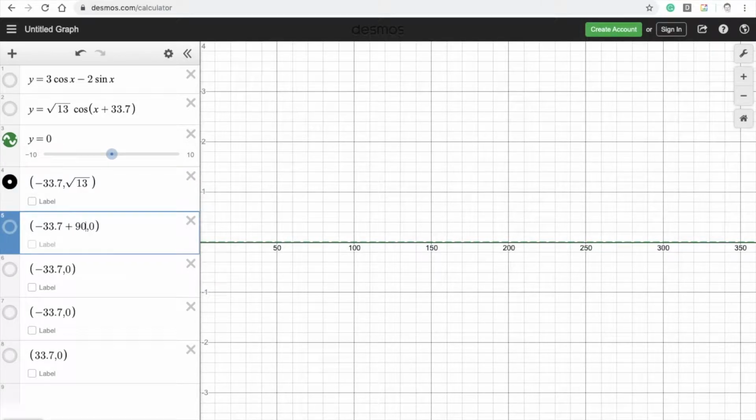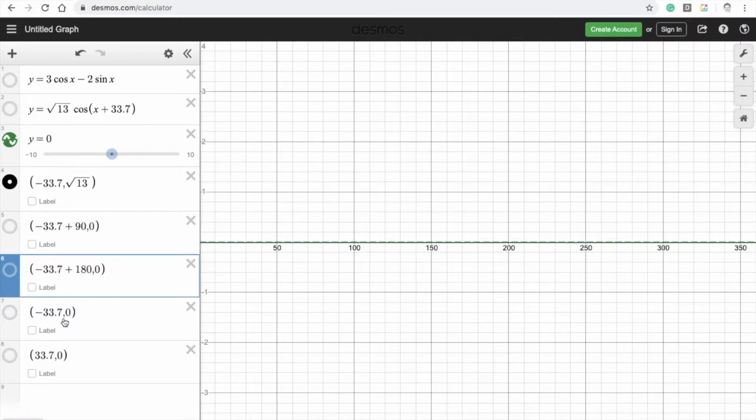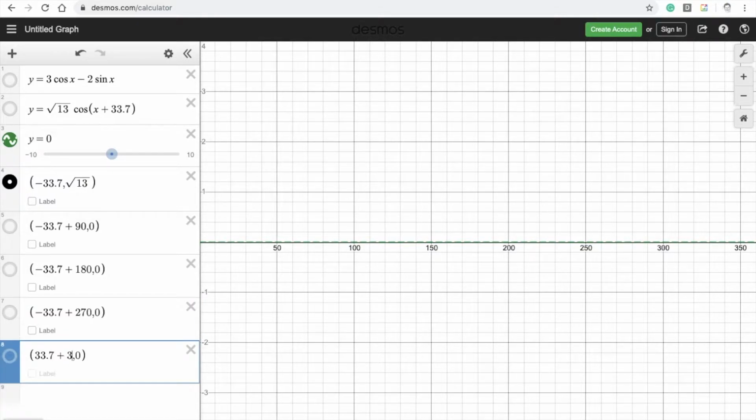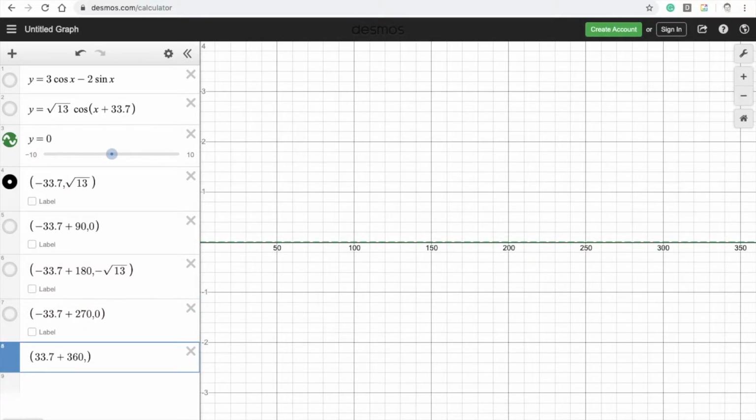I'm going to add 90 to the next point, add another 90, so that's 180, add again 270, and the last one 360. So I'm splitting it into quarters and adding those, and it's going to start up, back to the principal axis, which is 0, then down, which is going to be minus root 13, then back to the principal axis, and then up, which is going to be root 13.